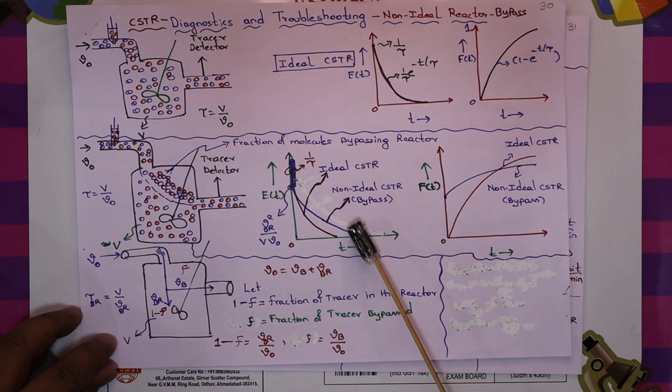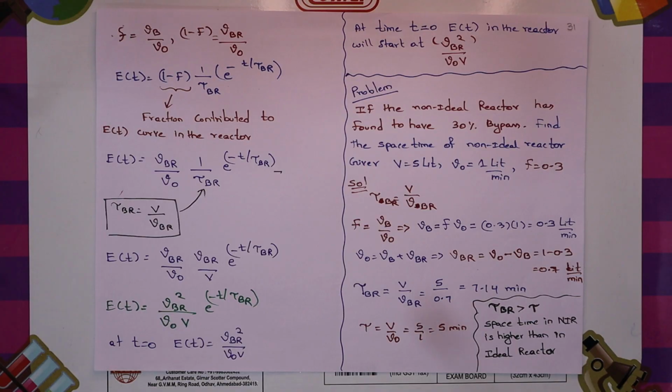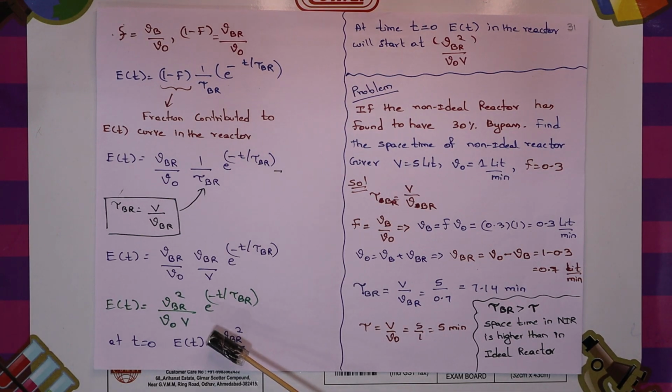The value of E of t for a non-ideal CSTR at time t equal to 0 is nu Br square by nu 0 into V. That is how we have got this particular value. Now we understood that this is the function that has to be used for the non-ideal CSTR which is having the severe bypass issue.